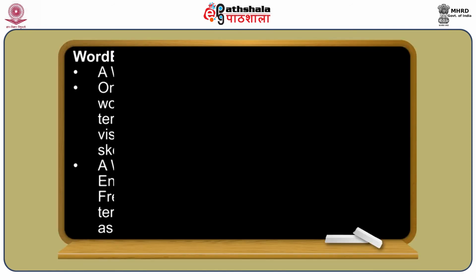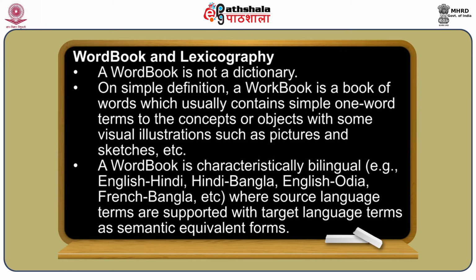Therefore, unlike a dictionary, a thesaurus entry does not give the definition of words but only the list of linked words. A word book is not a dictionary. On simple definition, a word book is a book of words which usually contains simple one-word item terms for concepts or objects with some visual illustrations such as pictures and sketches.